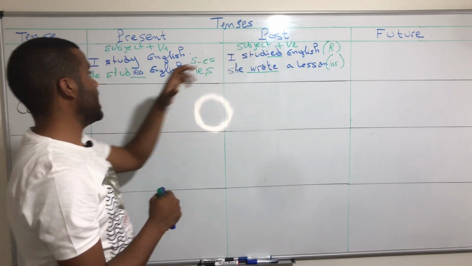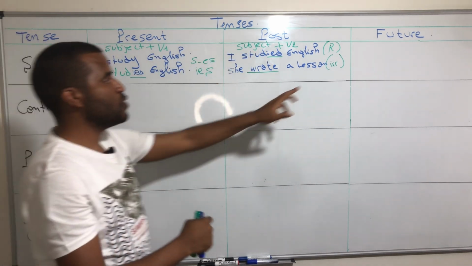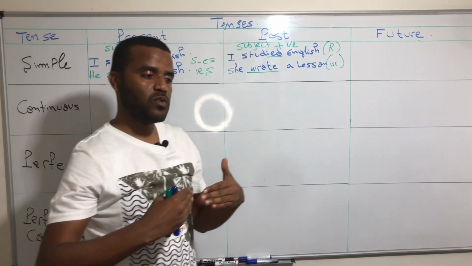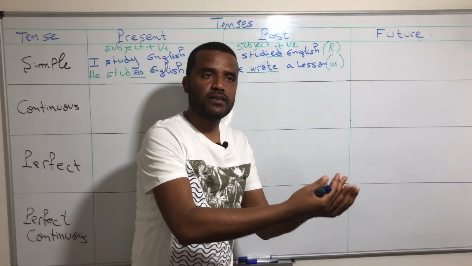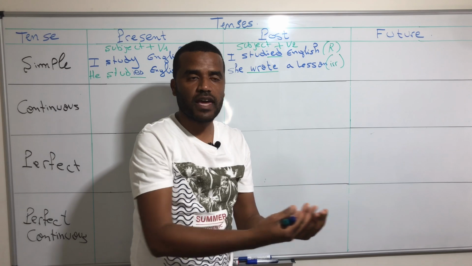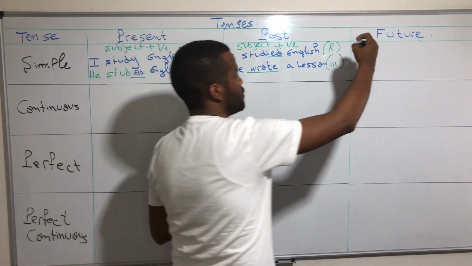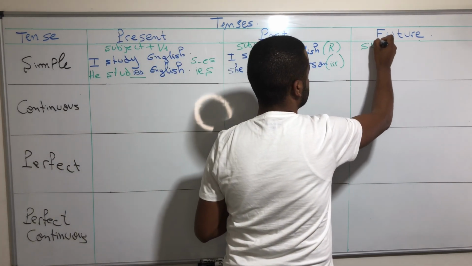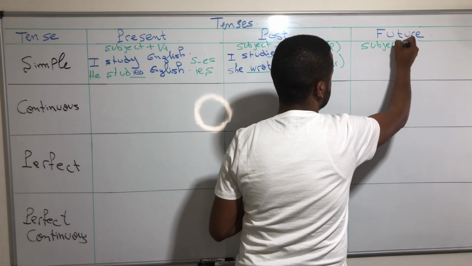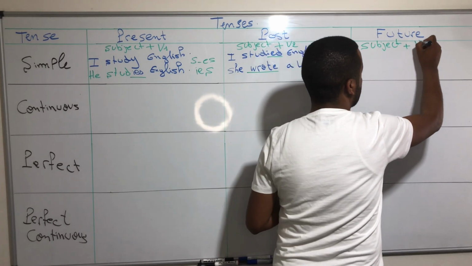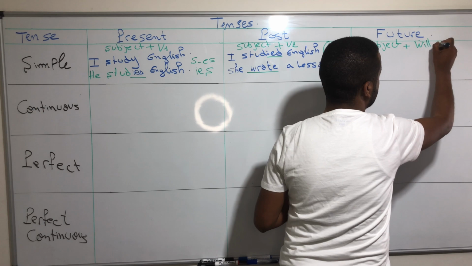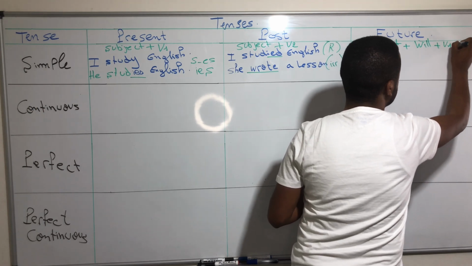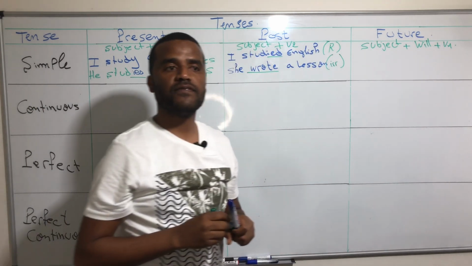Good. So we are going to move to the simple future. How are we going to make a future sentence? When we have future, you need the subject plus will, the modal will, plus V1, meaning the verb in infinitive form.